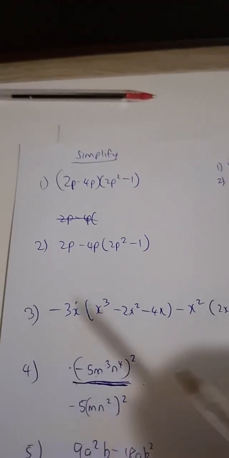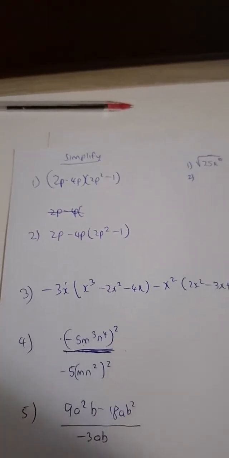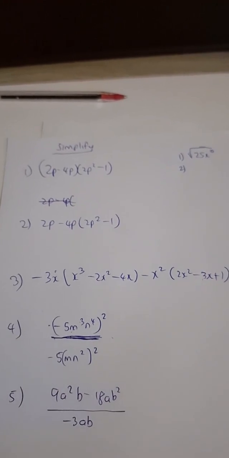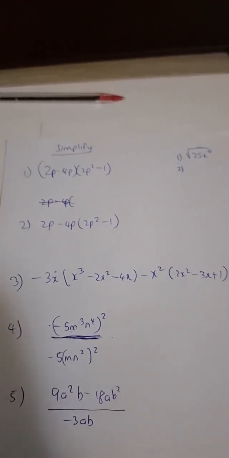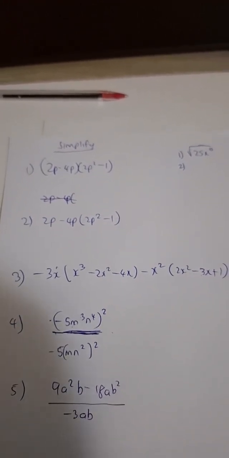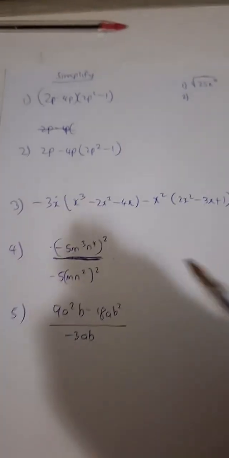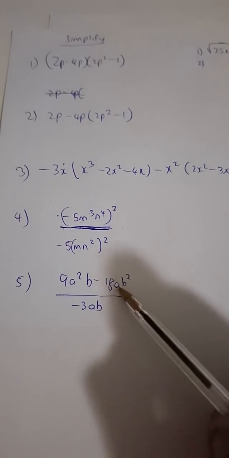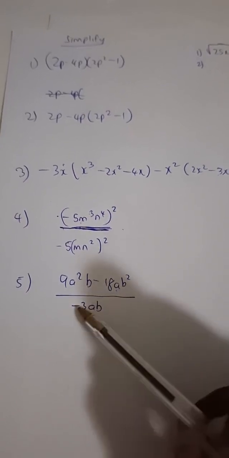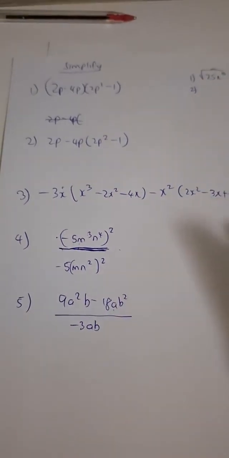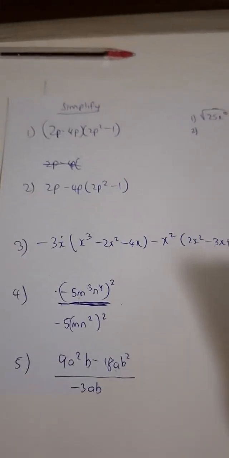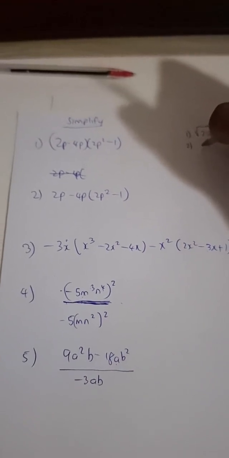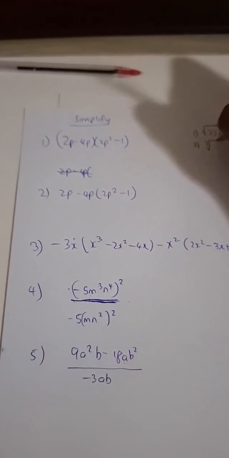Okay, there is number 1. 2p minus 4p in brackets, and then in the second bracket 2p squared minus 1. And there's number 5, 9a squared b minus 18ab squared over negative 3ab. That's number 5. Okay, and then I'm conjuring up some more here with square roots and roots, and we'll call it the last bit.